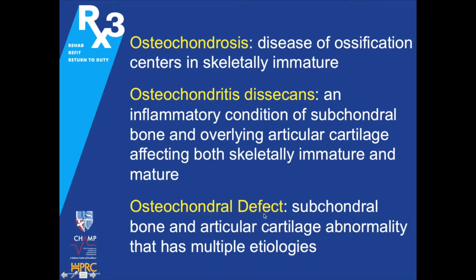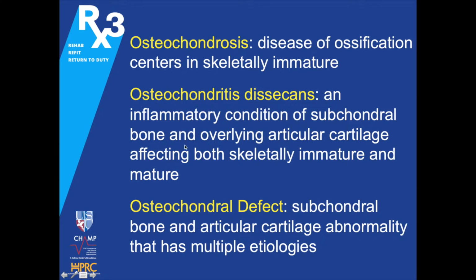While an osteochondral defect is a basket term that would include any subchondral bone and articular cartilage abnormality that has multiple etiologies, of which an osteochondritis dissecans is a form of an osteochondral defect.